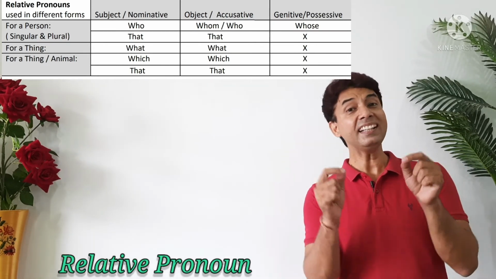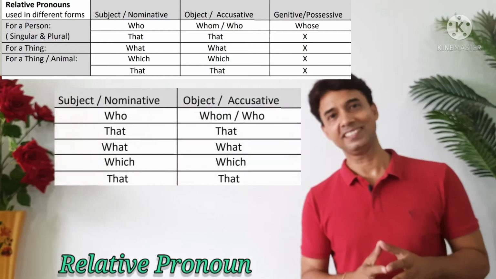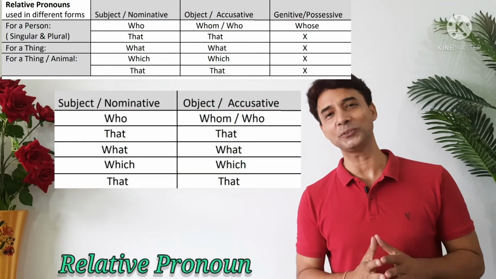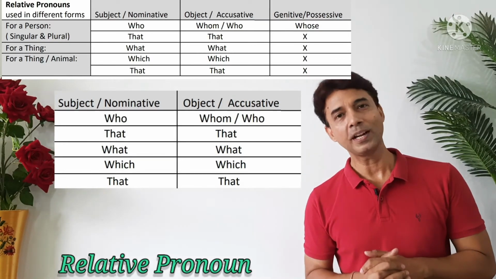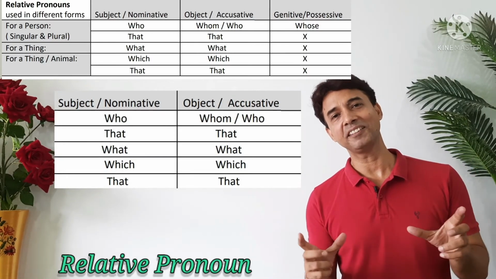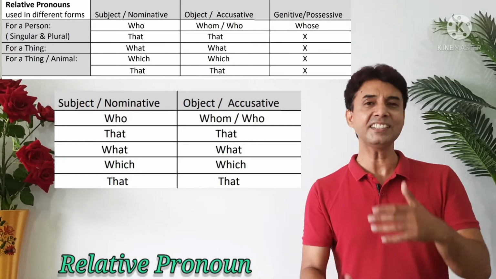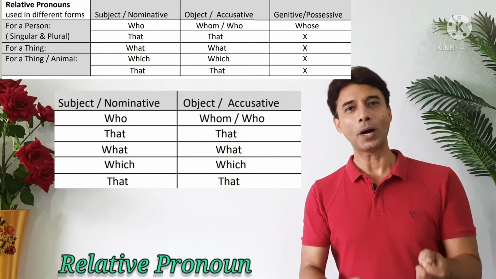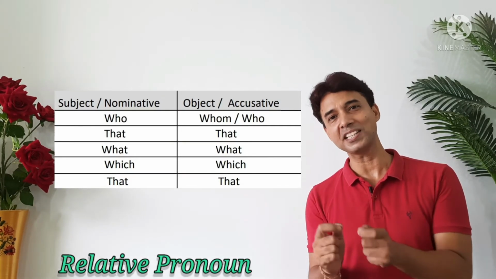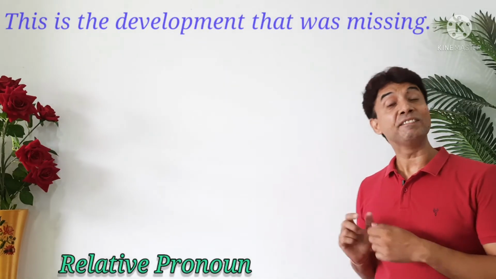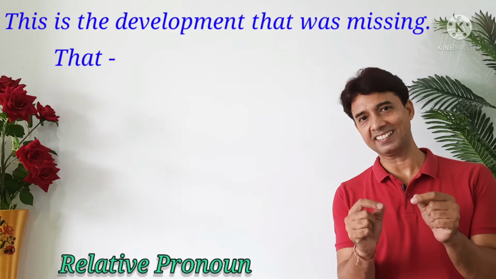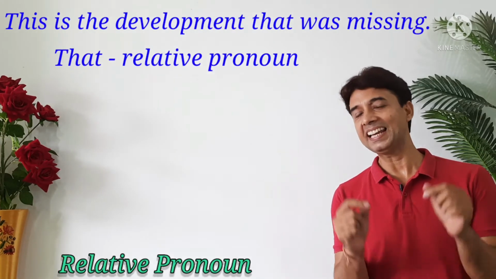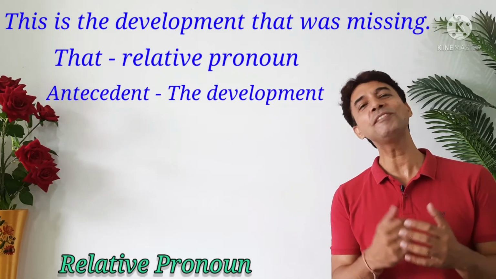So when the antecedent is an object, जब antecedent object हो तो ऑब्जेक्टिव केस प्रोनाउन लगता है कनेक्ट करने के लिए, और यदि एंटीसीडेंट सब्जेक्ट है तो हमारा रिलेटिव प्रोनाउन भी सब्जेक्टिव केस में होगा. दिस इज द डेवलपमेंट दैट वाज मिसिंग, सो दैट इज रिलेटिव प्रोनाउन एंड एंटीसीडेंट इज द डेवलपमेंट.